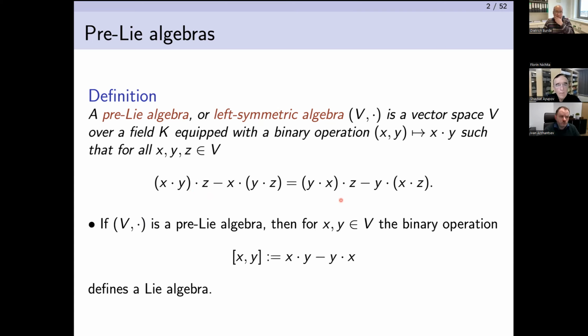This is also a type of algebra which is called Lie-admissible. That means that if you take the commutator, you obtain a Lie bracket. An important special case is an associative algebra, because then the identity just says 0 equals 0.